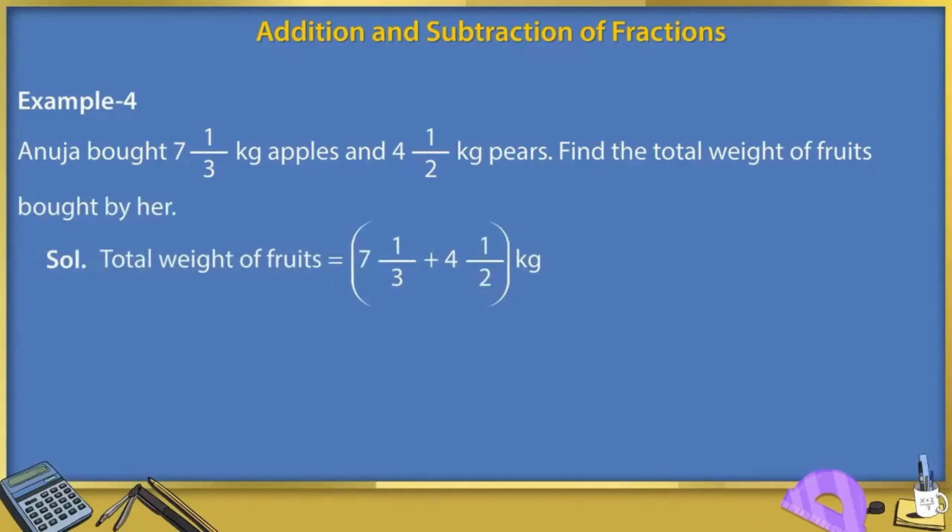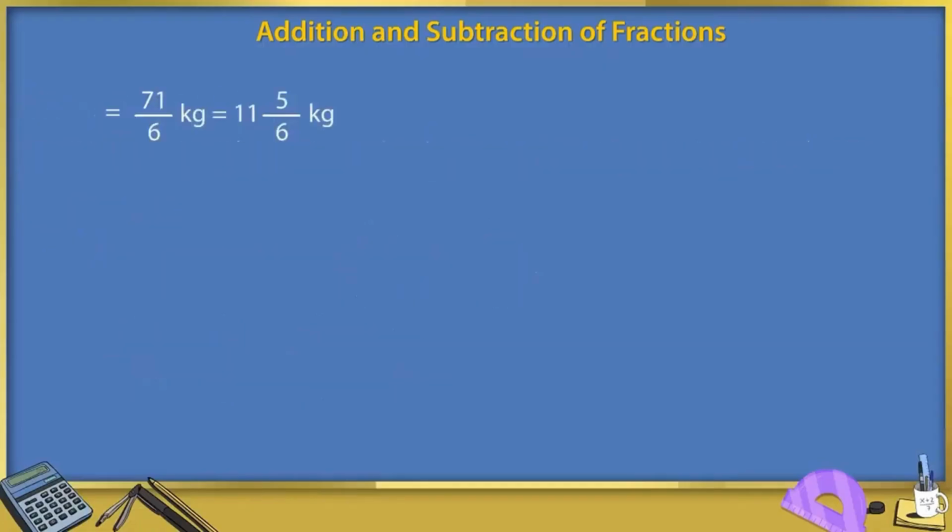Total weight of fruits is equal to, in the brackets, 7 1 by 3 plus 4 1 by 2 whole kg, which is equal to, in the brackets, 22 by 3 plus 9 by 2 whole kg is equal to, in the brackets, 44 plus 27 by 6 whole kg, which is equal to 71 by 6 kg, which is equal to 11 5 by 6 kg. She bought 11 5 by 6 kg of fruits.